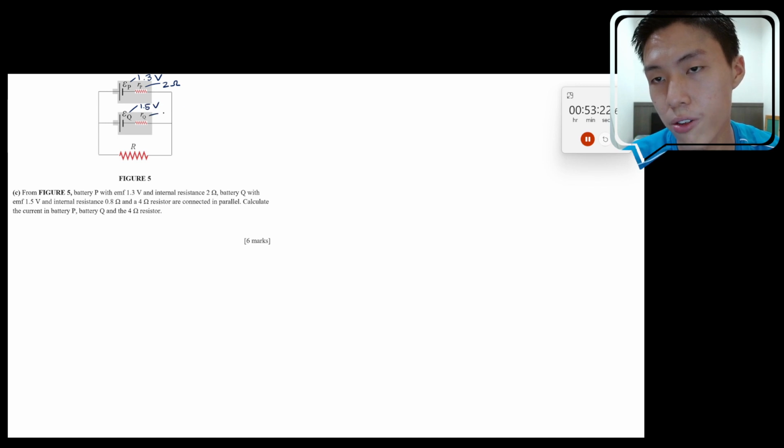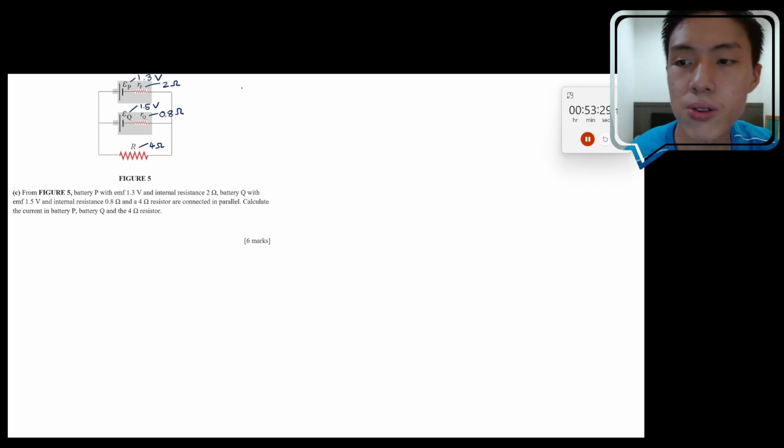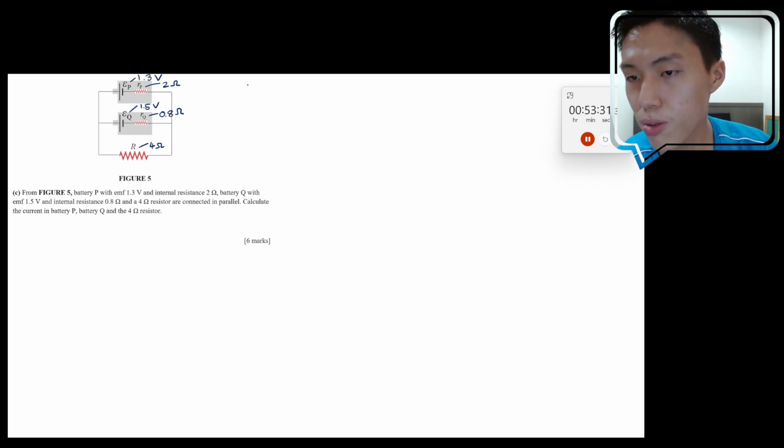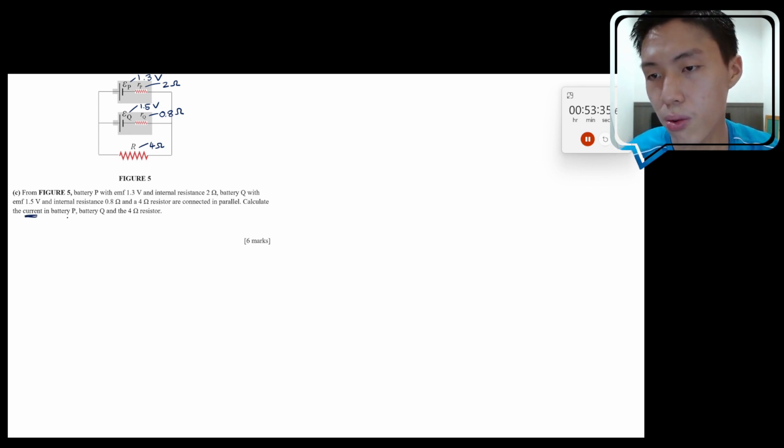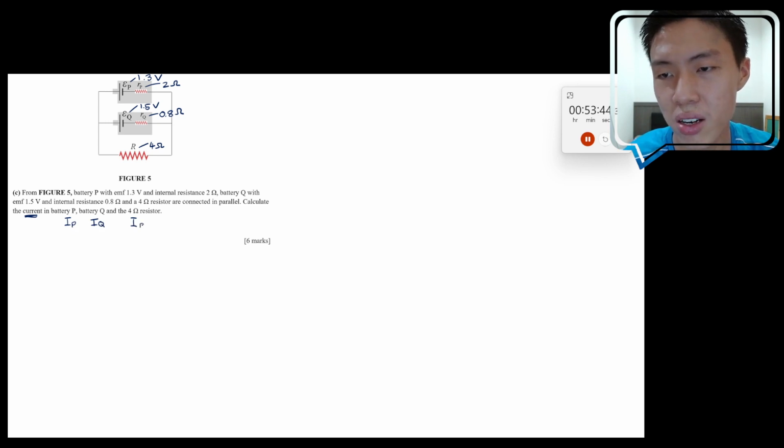Internal resistance of 0.8 ohm. And also a resistor 4. They are connected in parallel. Calculate the current in battery P, battery Q, and the 4 ohm resistor. So they are looking for current. So I'll be calling the current in battery P as IP, current in battery Q as IQ, and current here as I or IR, PQR, right?